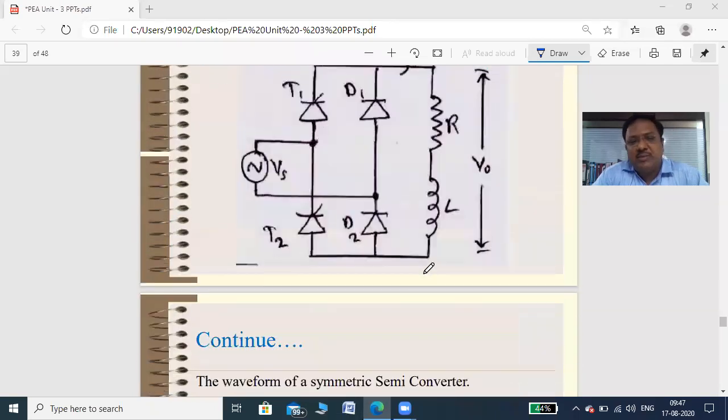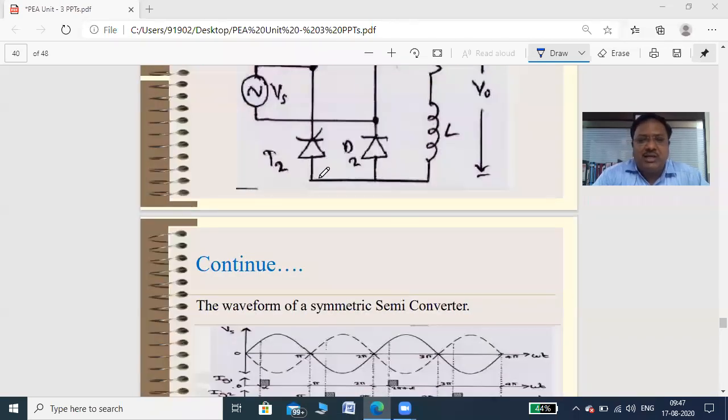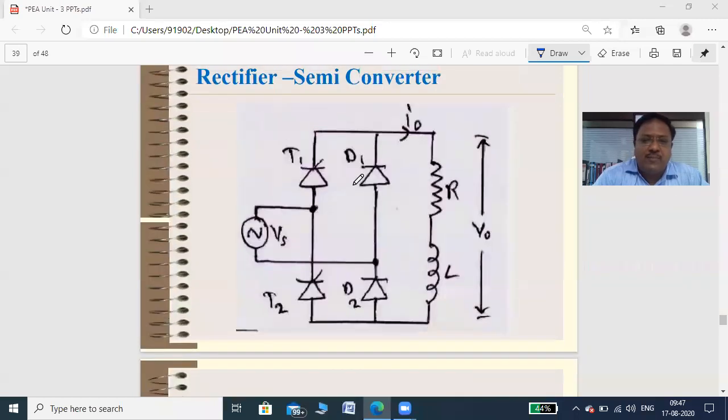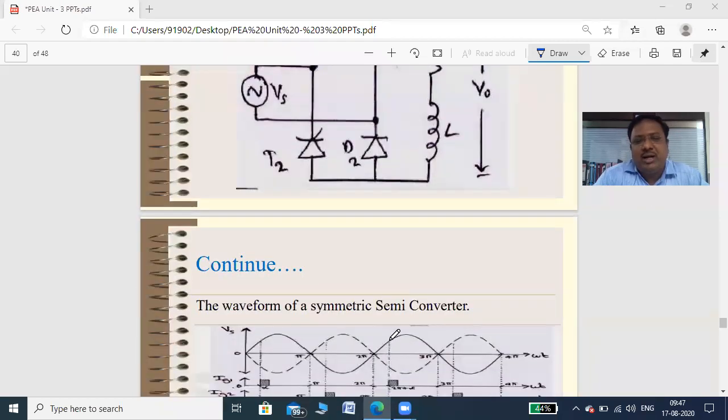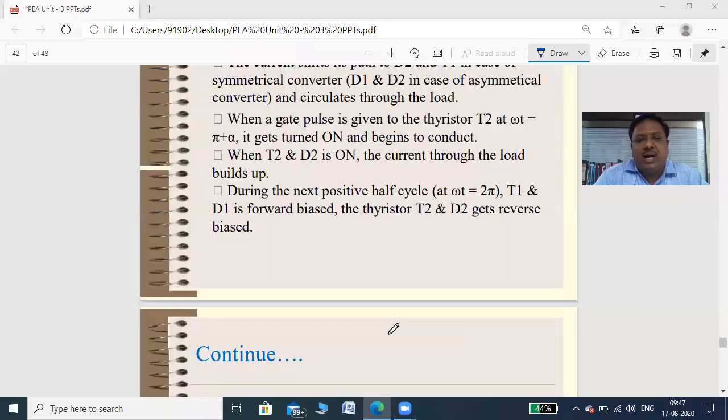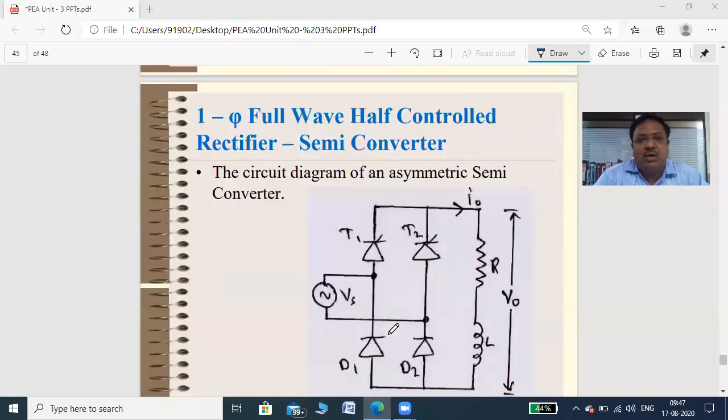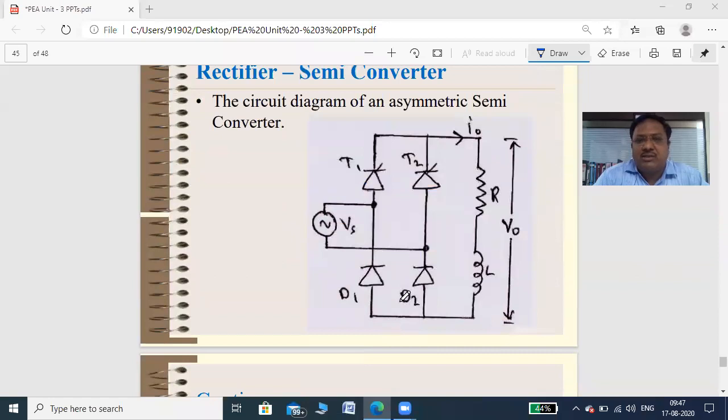Symmetrical and asymmetrical. So this is basically called a symmetric semi-converter, in which T1, T2 both are connected in the same arm, right? And D1, D2 are connected in the same arm. So this is called a symmetric configuration. And the second one is called non-symmetric, or we can say asymmetric, in which one SCR and one diode are in one arm, and one SCR and one diode in another arm.